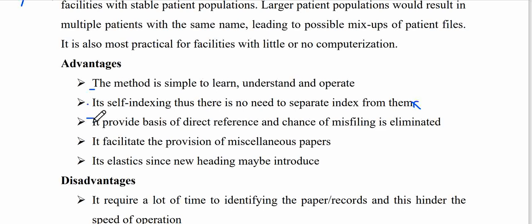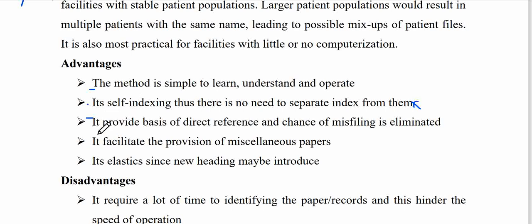Number three, it provides basis of direct reference and chance of misfiling is eliminated. So basis of direct reference is basically when you are able to make a cross check.